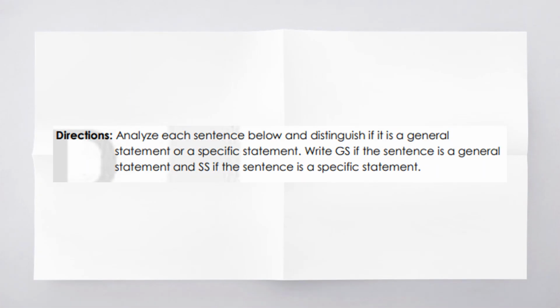For our final learning task, analyze each sentence below and distinguish if it is a general statement or a specific statement. Write GS if the sentence is a general statement and SS if the sentence is a specific statement.